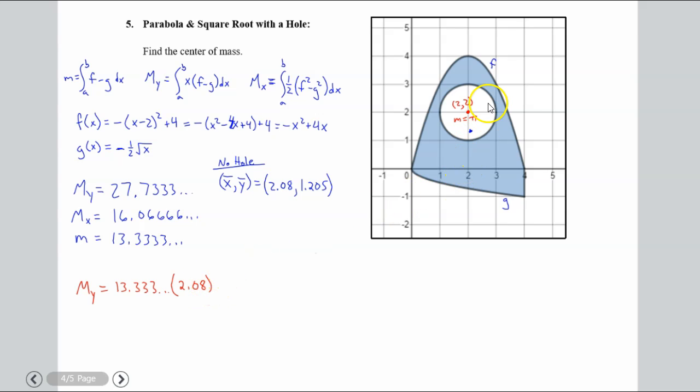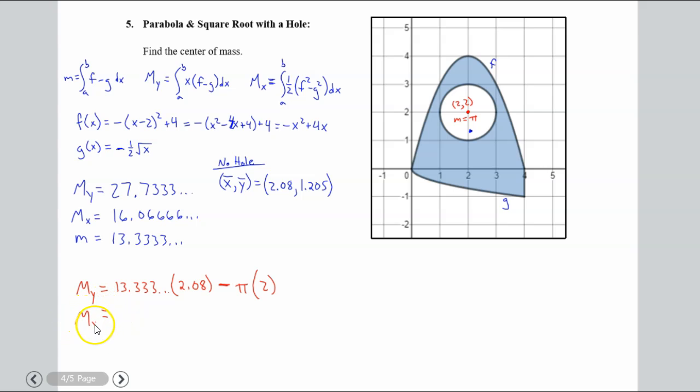So that's for the overall object. And then we're subtracting out this hole. So I need to actually do a minus here because we got a negative mass of pi, the negative area. And then times the x coordinate there, which is just 2. Alright, and I'll compute that out here in a second.